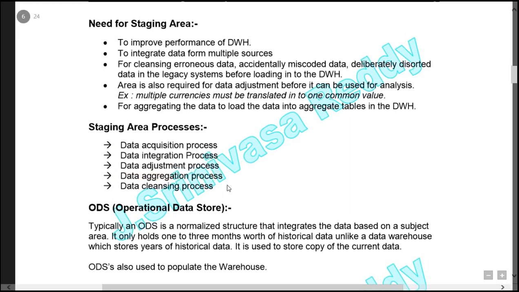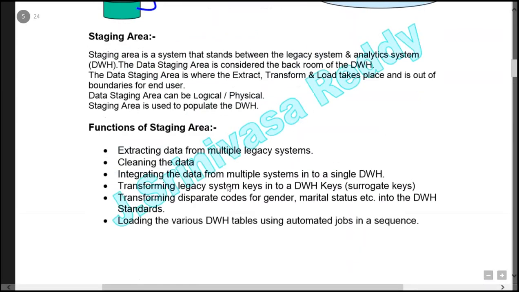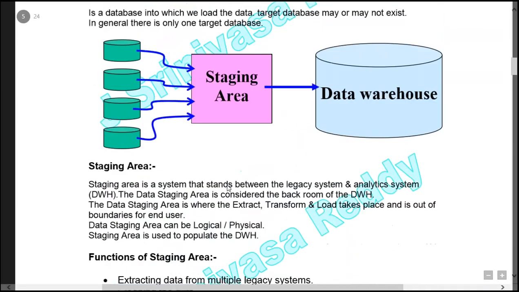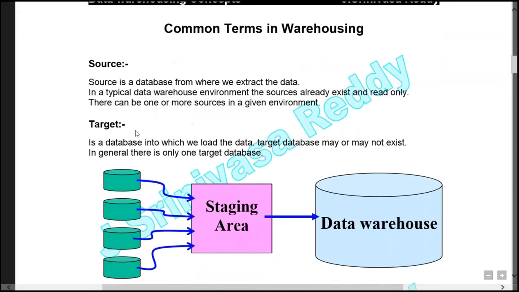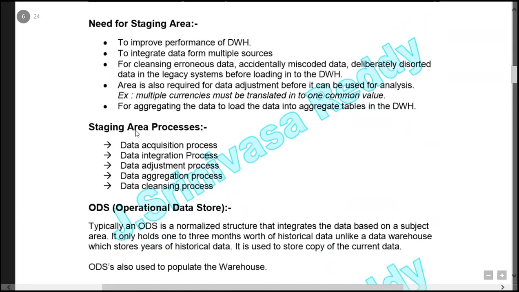Finally, data loading into the target is also done at the staging area. This is what actually the staging area is, Amrita. Do you understand what is source, what is target, what is staging area, the importance of the staging area, and what are the processes at the staging area?